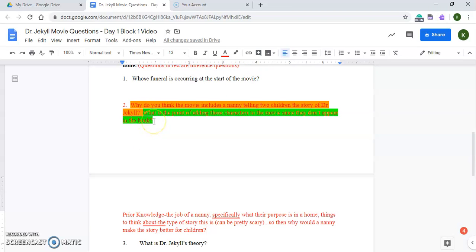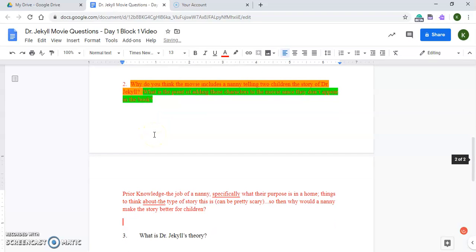Okay. And then for my response to number 1, I'm going to restate the question. So it's going to read something like, I think the movie includes a nanny because, and then you're going to tell me why.